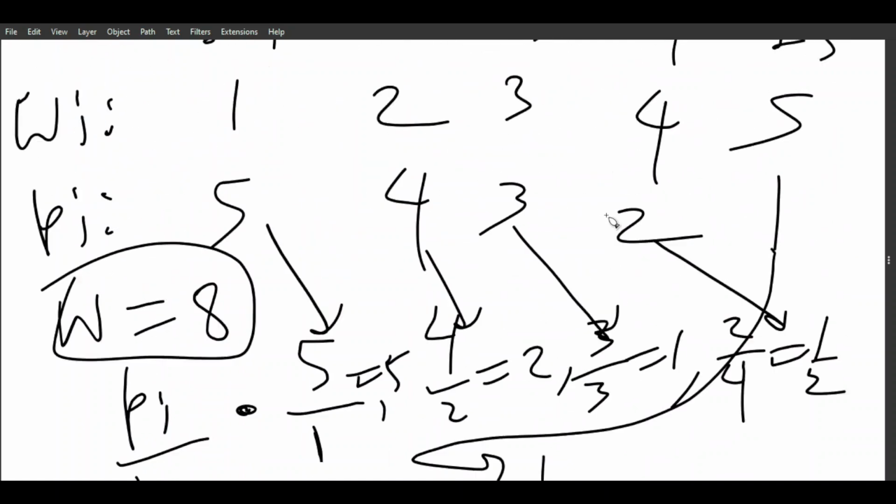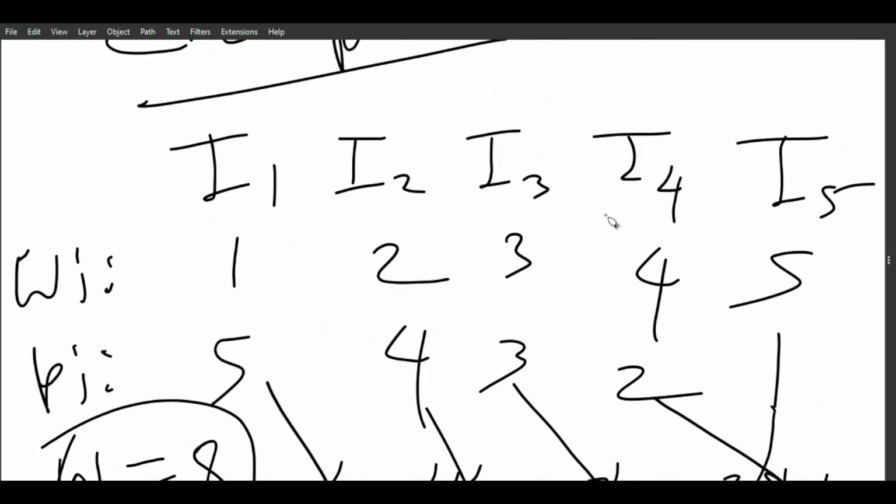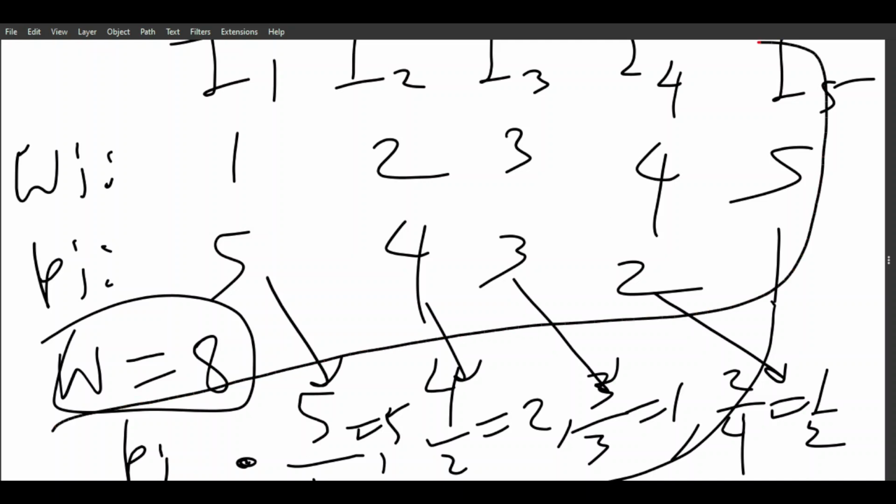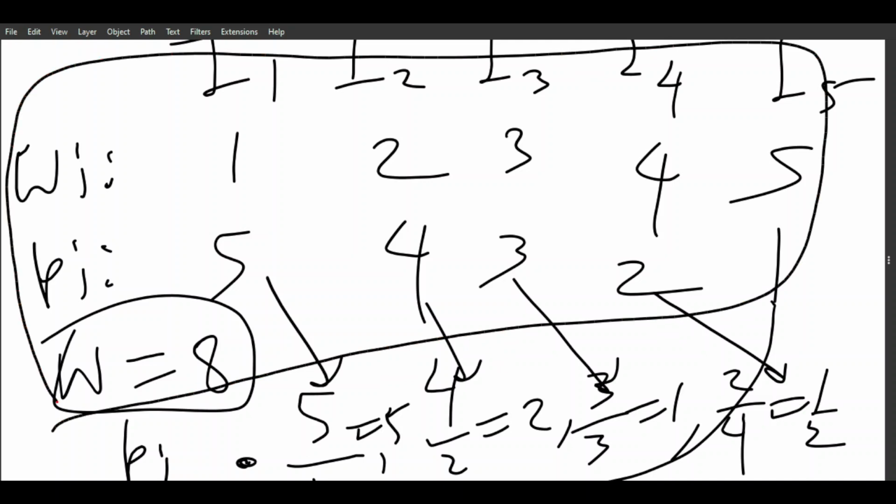This is our initial problem: all this collection of items, weights, profits and knapsack capacity. This is our original problem. So first we take the first item. It has weight equal to 1 and profit 5. So take it. It will fit in the knapsack, so we can easily take it.